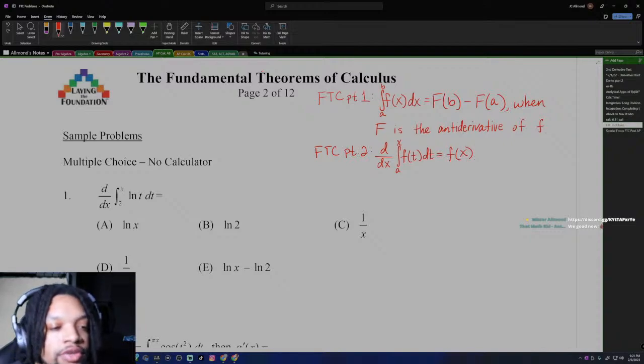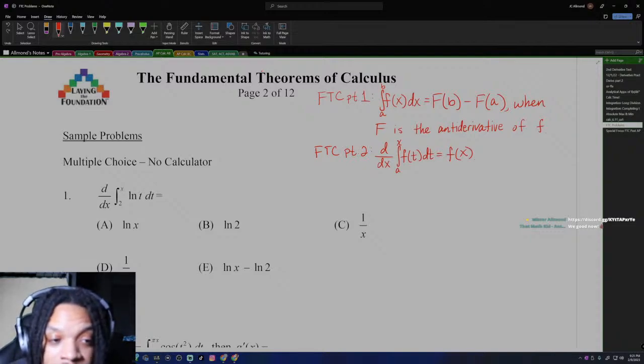It's equal to the function evaluated at the upper bound minus evaluated at the lower bound. But remember that this is like capital F of x minus capital F of a. Capital F of a is a constant because a is a constant. And so since you're taking the derivative of that, the derivative of a constant is 0.